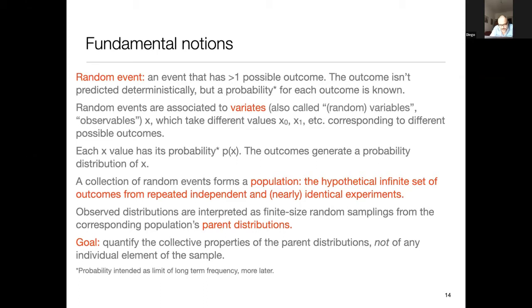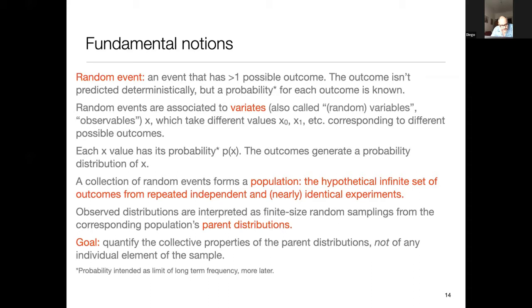And so the possible outcomes generate a probability distribution for X, right? At each random variable corresponds a probability, and therefore the set of the possible probabilities can be put in a distribution as a function of X.